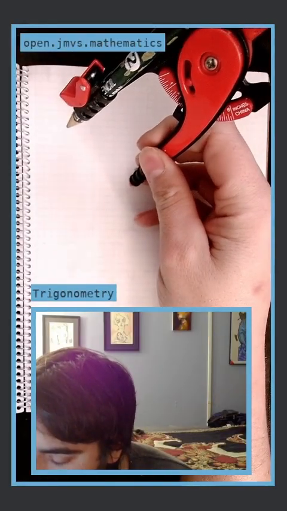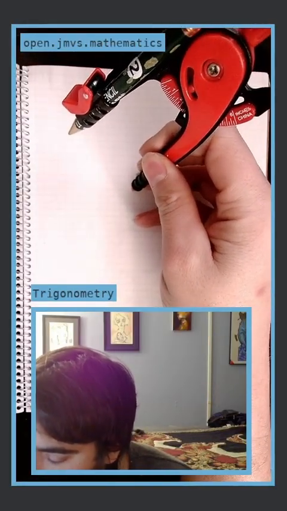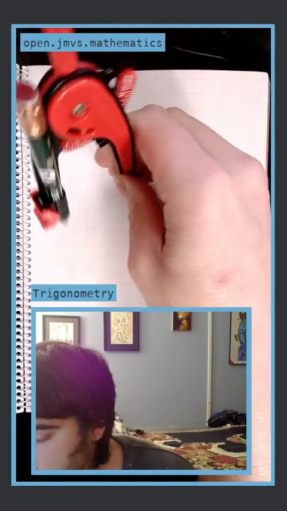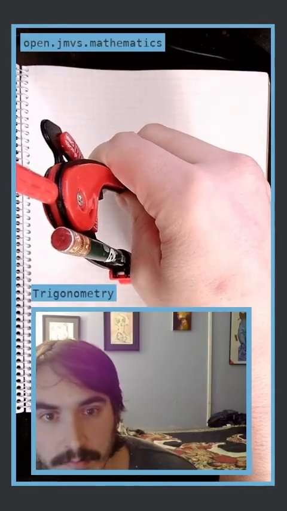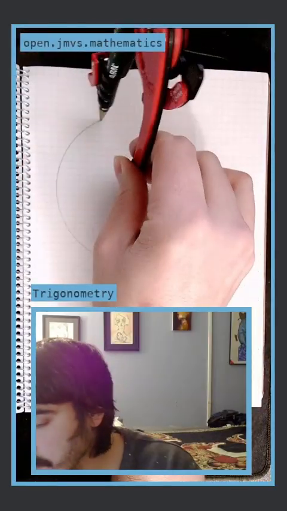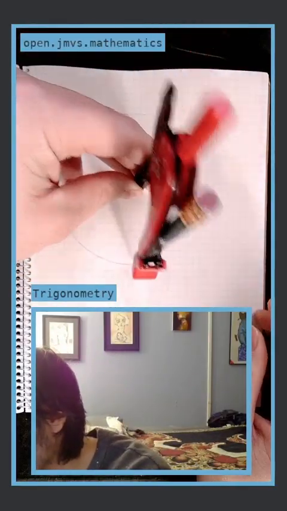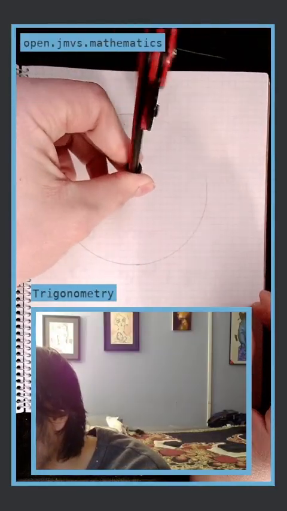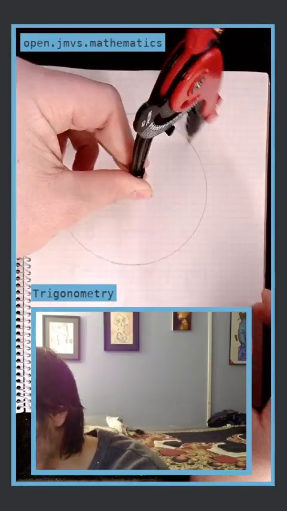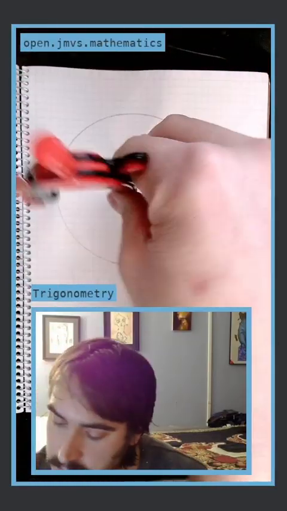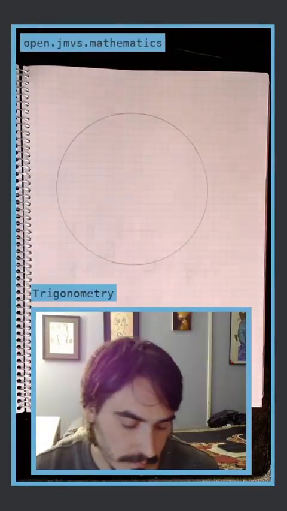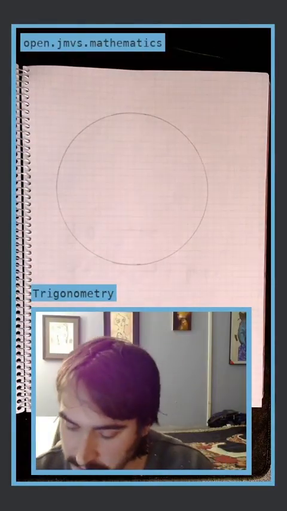So, I do want some space to write. That's perfect. And again, we're going to use very, very simple information about circles and triangles here to help us.